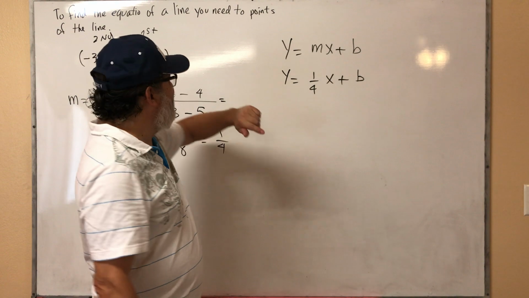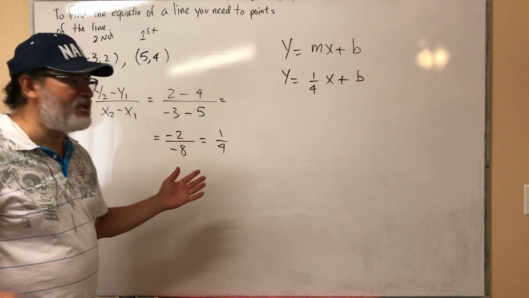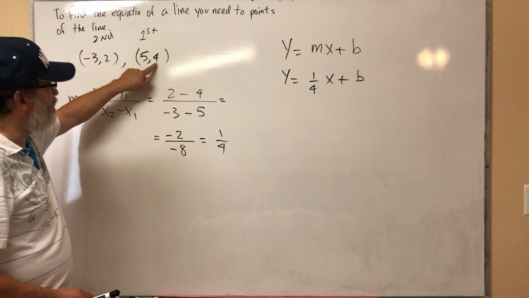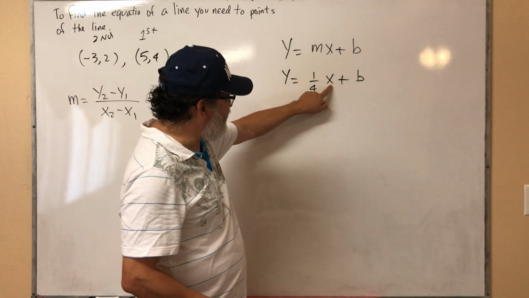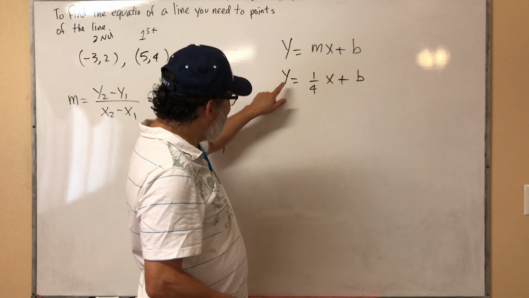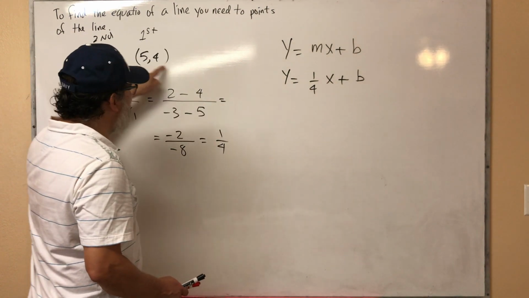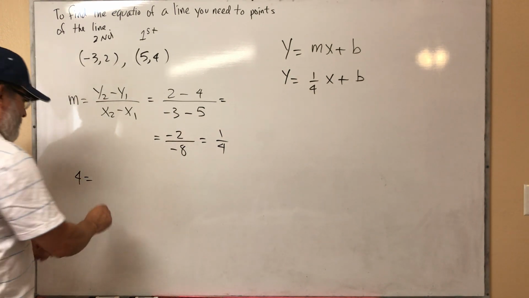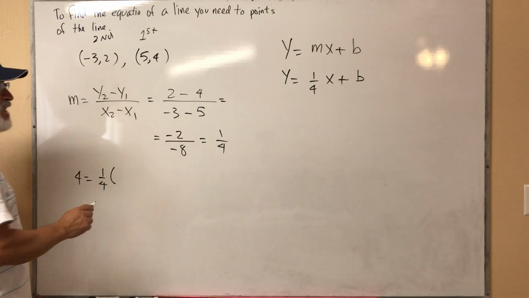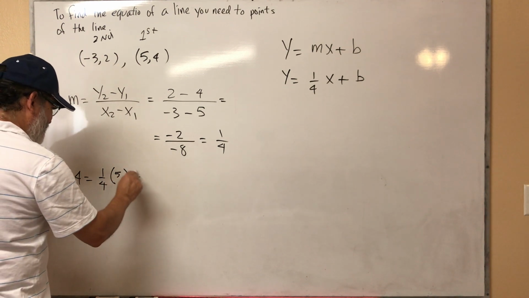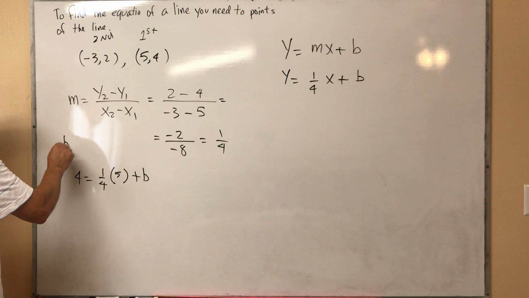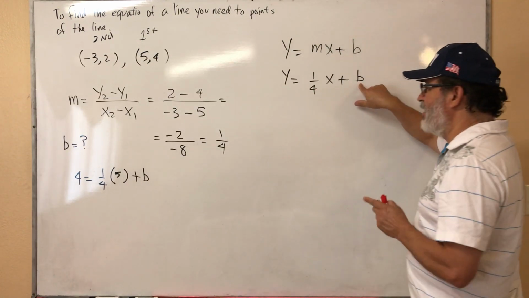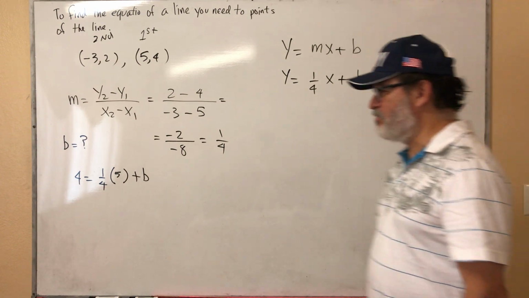Watch this. Use the easier point. I'll use this one: when x is 5, y is 4. So y equals 4, x is 5, plus b. I need to find b so I can place it there and have the entire equation.